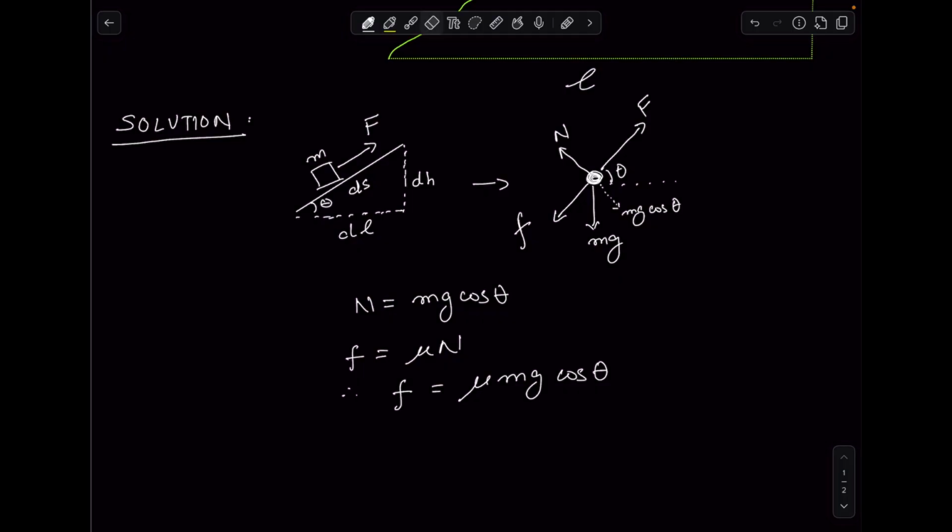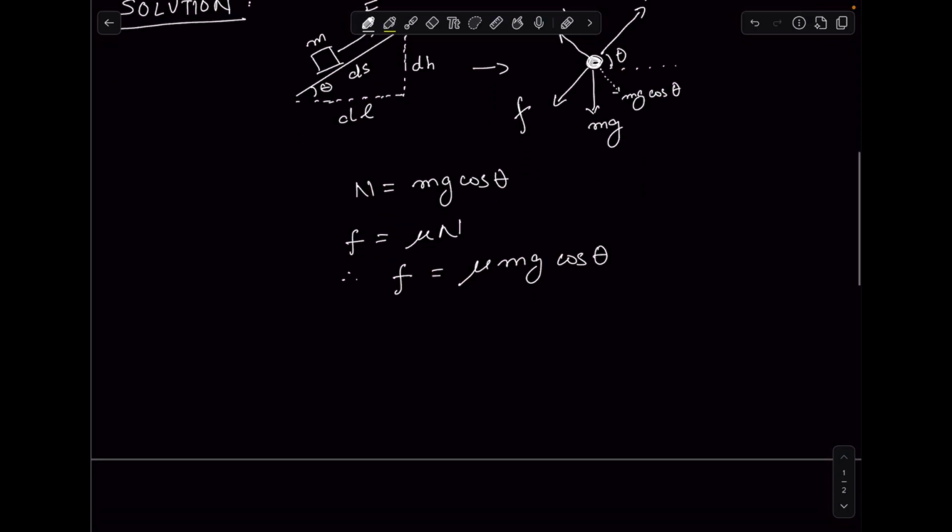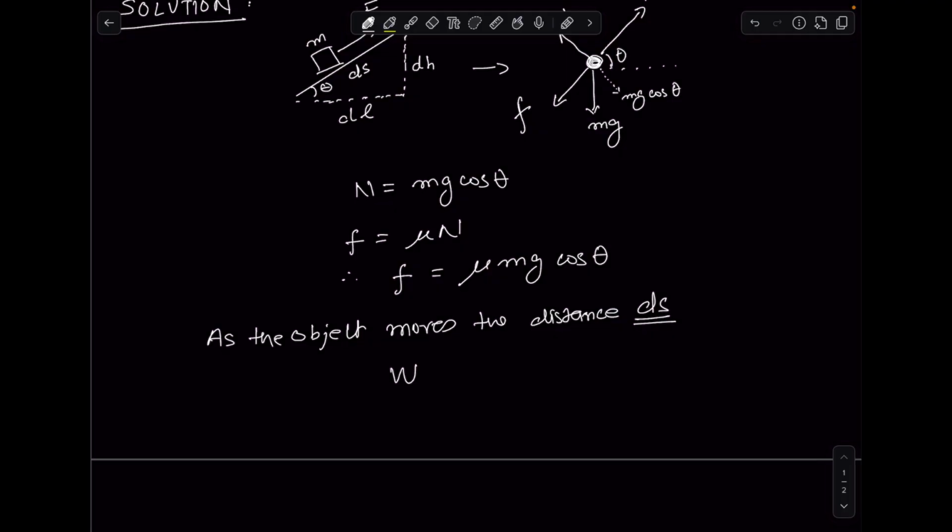As the object traverses this small distance, there is work done on the object by the force F, by the frictional force, by all the forces. As the object moves the distance ds, we have work done by the force capital F, and this is a small portion of the total work done.